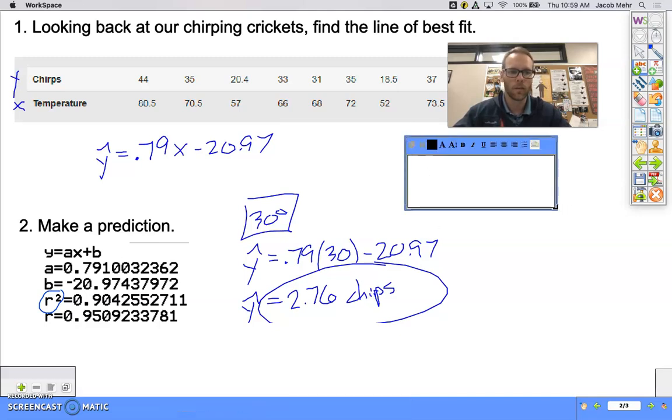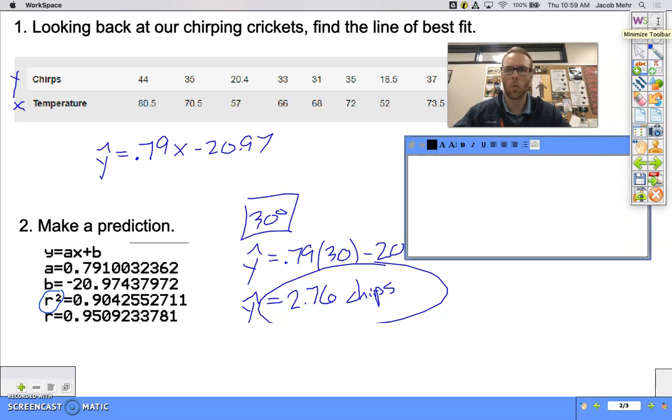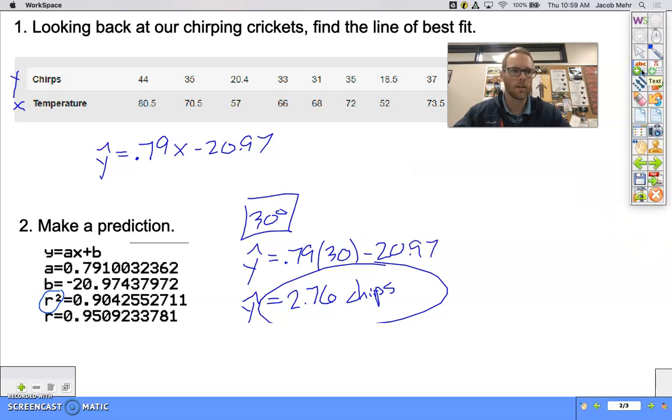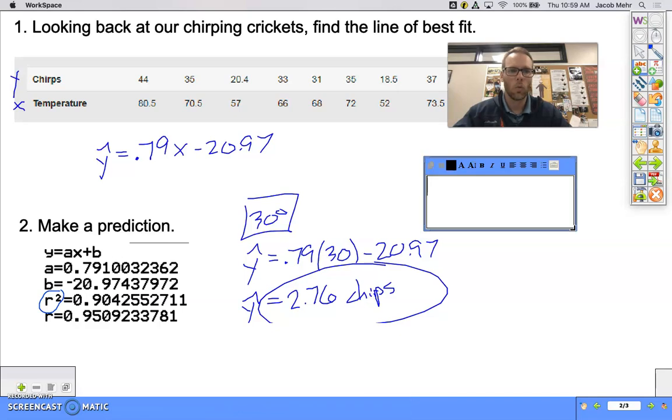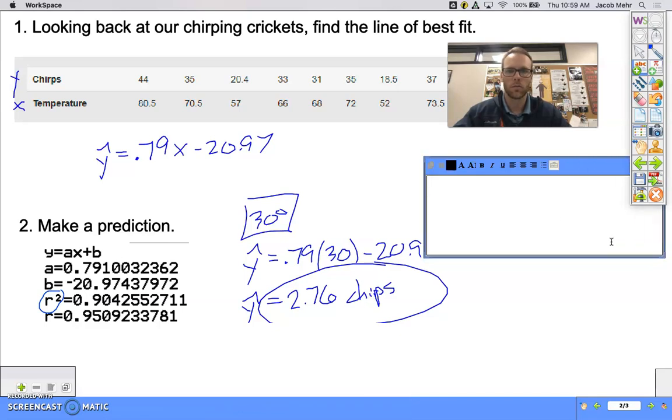What were our Y values on this one? Our Y values is the temperature. So what we can say, now this is 0.90 for a coefficient of determination. We can say about 90% of the variation in Y was the chirps, X was the temperature. I may have said that wrong before. Y is the number of chirps.